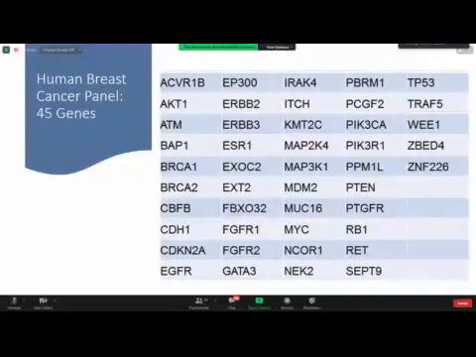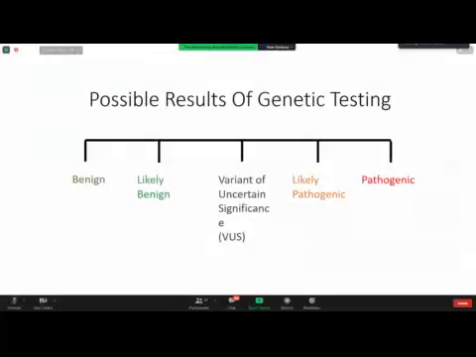So for example, we have this human breast cancer panel, 45 genes का है, and I'm sure there are even more updated panels as well. It includes BRCA1 and BRCA2, but of course other genes, और अगर हमें इसमें mutation नहीं मिलती, so then we go further.